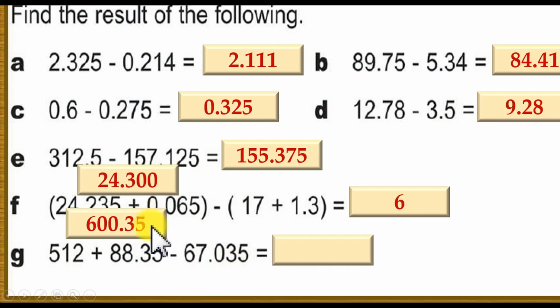Write 0 here, then 0 minus 5, it's impossible, so borrow 1 from 5, 5 becomes 4, 0 becomes 10, 10 minus 5 equals 5, 4 minus 3 equals 1, and 3 minus 0 equals 3. Don't forget to put the decimal point after 3 digits. 0 minus 7, it's impossible, borrow from 6, 6 becomes 5, 0 becomes 9, the first 0 becomes 10, 10 minus 7 equals 3, 9 minus 6 equals 3, and 5, write 5 as it is. So the difference is 533 and 315 thousandths.